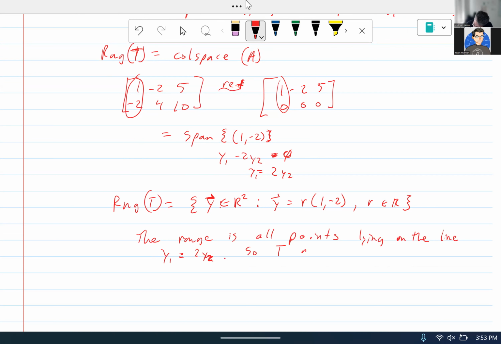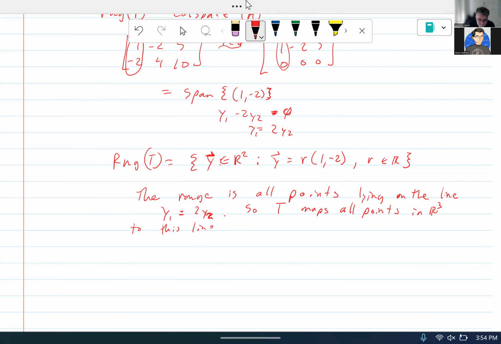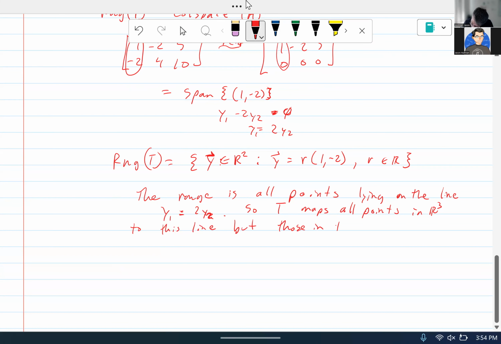So T maps all points in R3 to this line. But those in the kernel get mapped where? To the origin.